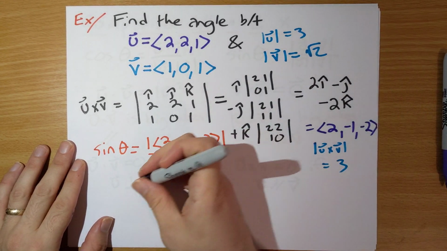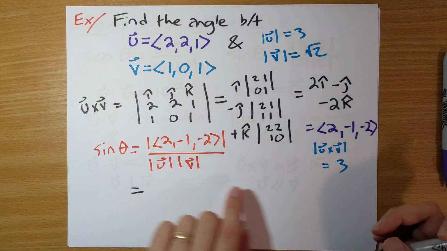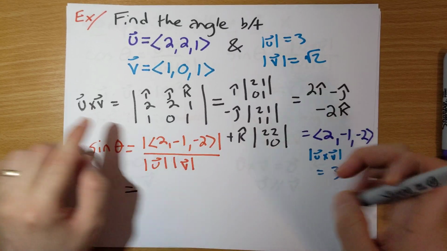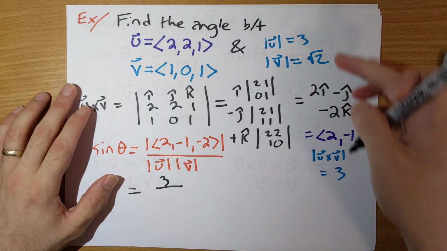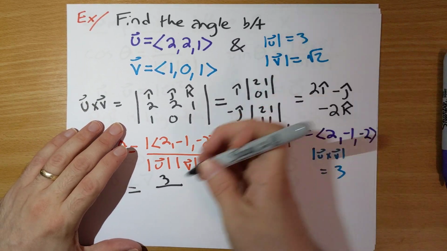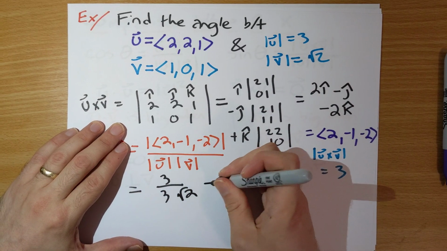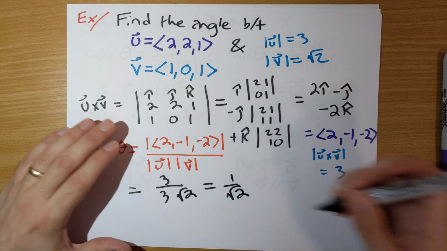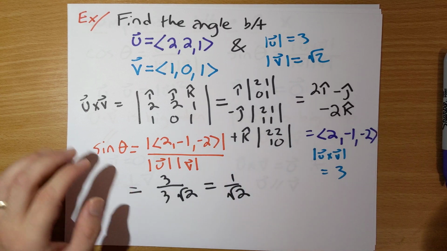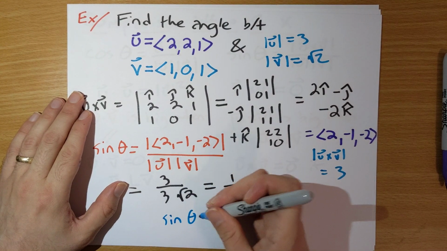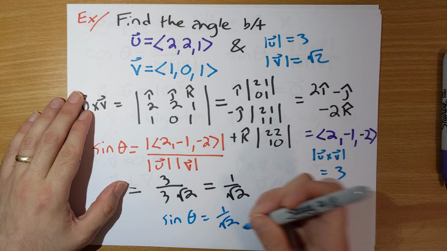And so this ends up as 3 over, let's see, 3 times square root 2. So we have 1 over square root 2 here. And so we have learned that sine theta is equal to 1 over square root 2.